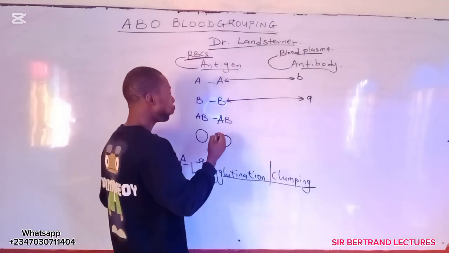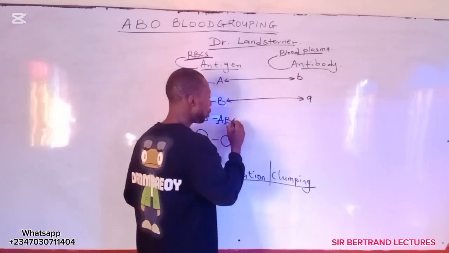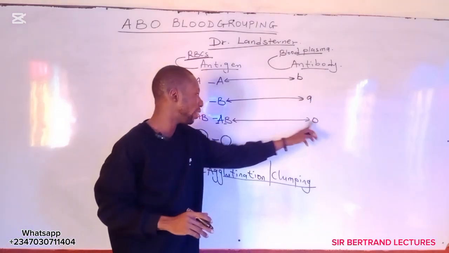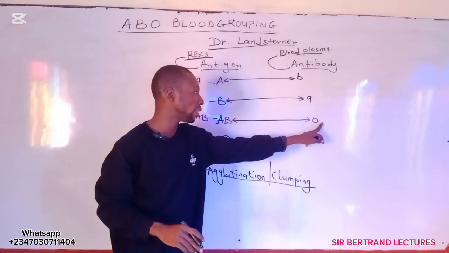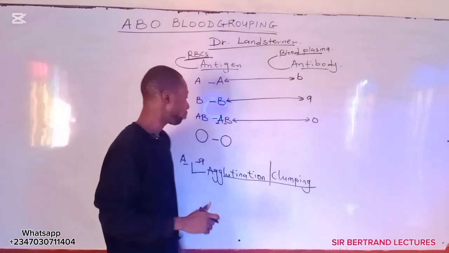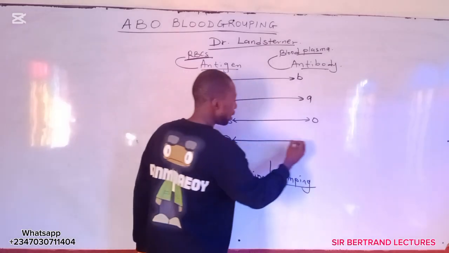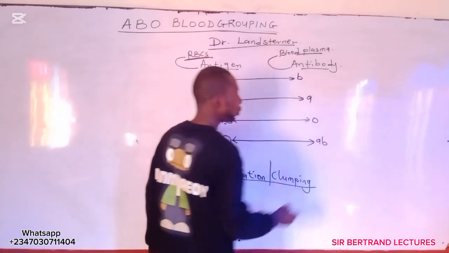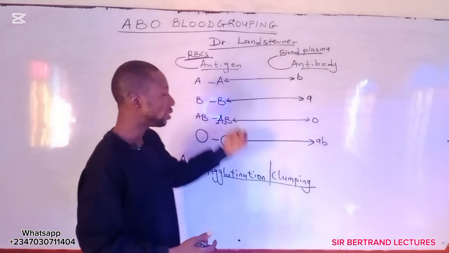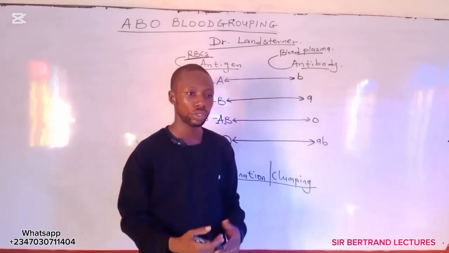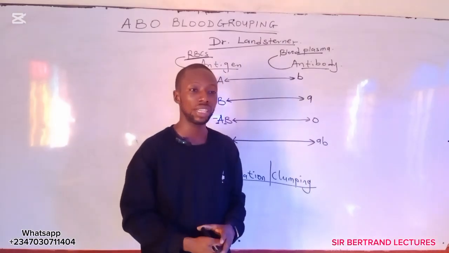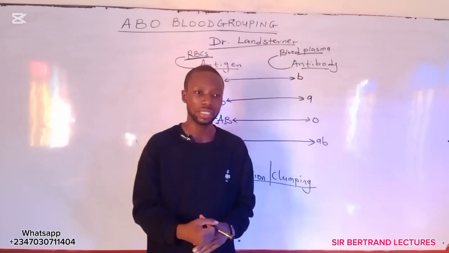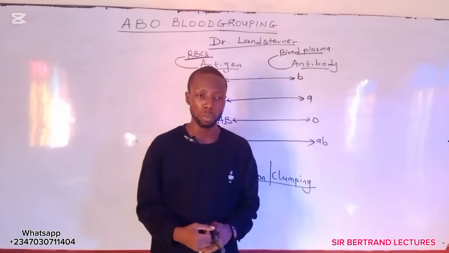Any blood sample with both antigen A and antigen B will not have any antibody, because antibody A cannot stay with antigen A, and antibody B cannot stay with antigen B. Any blood sample without any antigen, which is blood group O, will have antibody A and antibody B. This is what Landsteiner and his team of doctors concluded from their experiment: no individual must have a blood sample containing similar antigen and antibody, as that is not compatible.